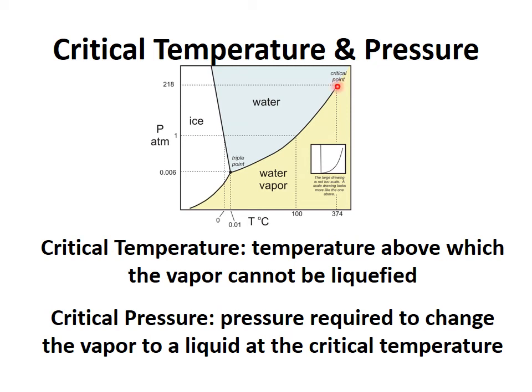At the critical point, if we increase the temperature still, that vapor will not be turned into a liquid. The critical pressure is the pressure required to change a vapor to a liquid at the critical temperature. So above this temperature, an increase in pressure will not be able to change this into a liquid.